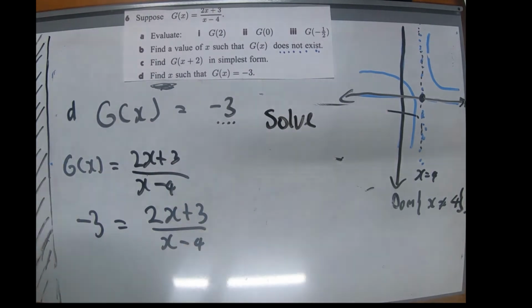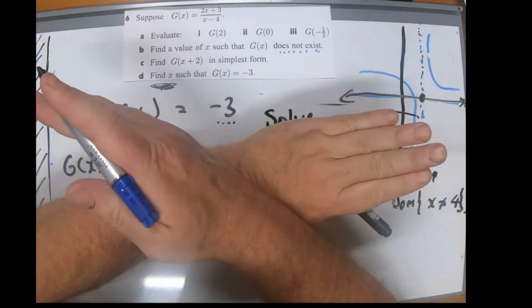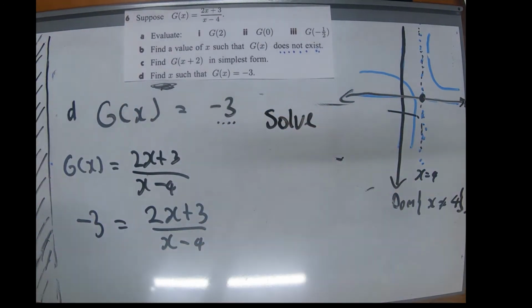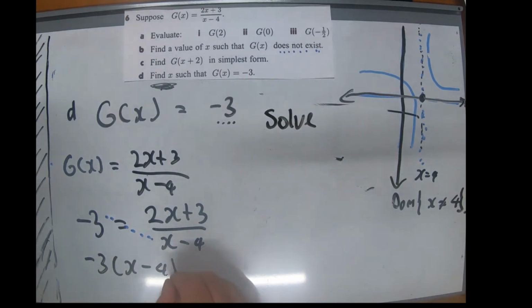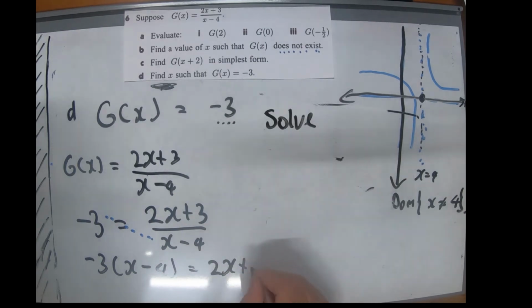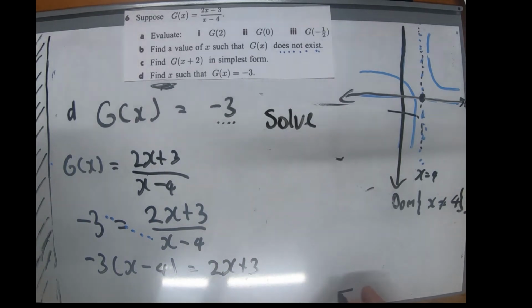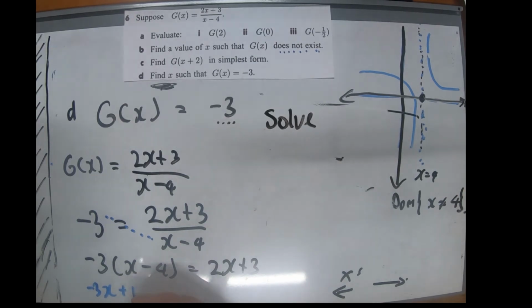Now, I believe everybody knows what to do now. Cross multiply. Well, not really cross multiply, we're just going to bring this part over here. Minus 3, x take 4 equals 2x plus 3. I think we want all the x's on that side and all the numbers on this side. So minus 3x plus 12 equals 2x plus 3.